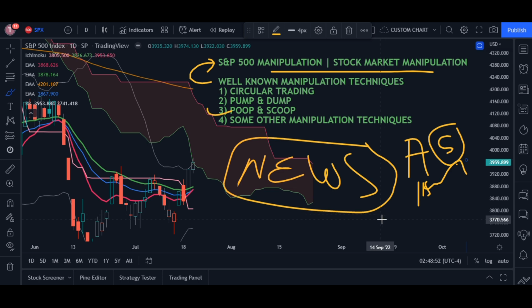Or the news anchor who is presenting or reading the news is talking about something that you cannot relate or that he cannot give a reference to. This news anchor cannot say that the Fed or some official person has said this thing.